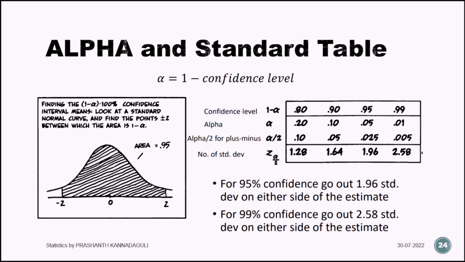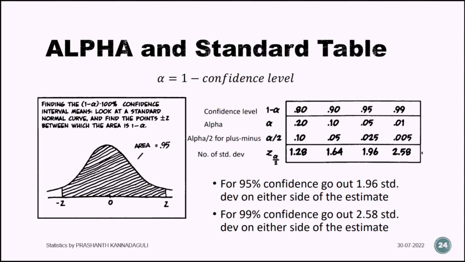The total area of the error, which means not having confidence, is the alpha value itself. Other than the confidence level, that is 0.05. Both sides should have the equal value, so divide by 2.